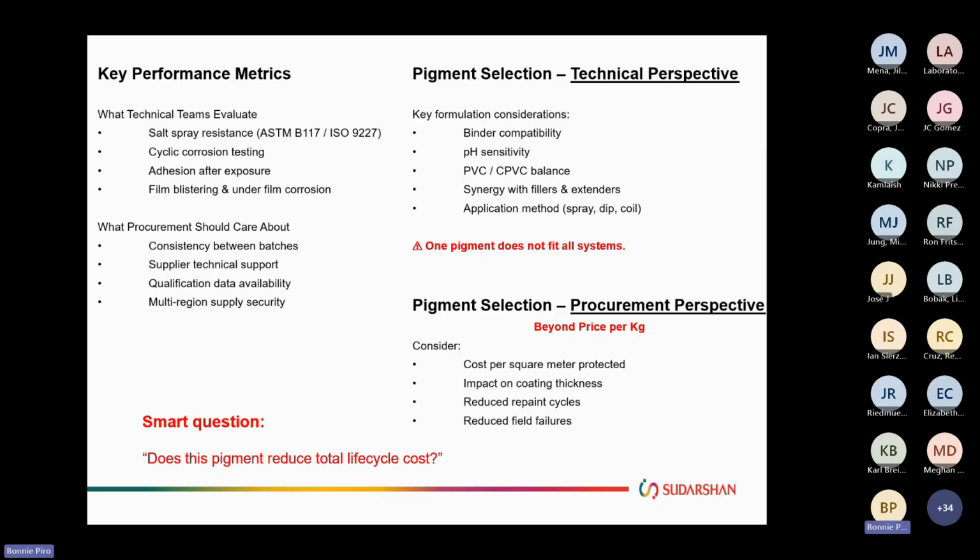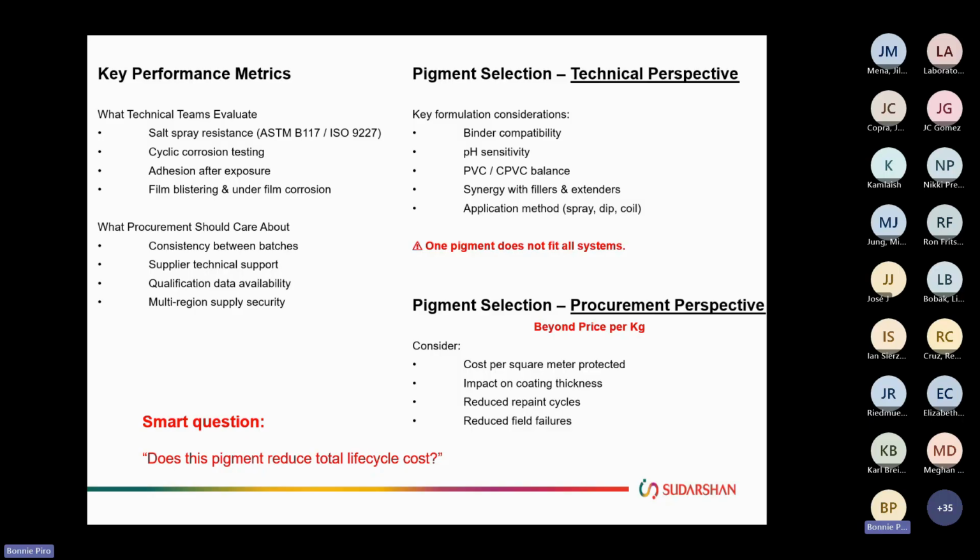From a pigment selection side, the technical teams are going to be considering, how compatible is the anti-corrosive pigment in their binder system of choice. Is it pH sensitive? The PVC-CPVC balance is always a key one, especially with these very heavy, highly loaded pigment formulations.